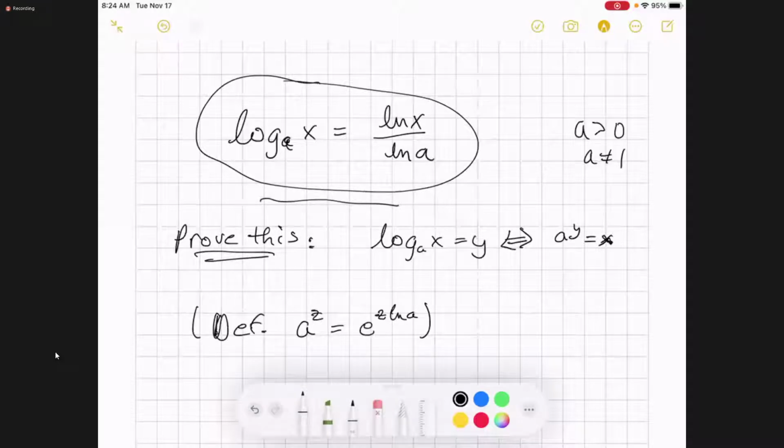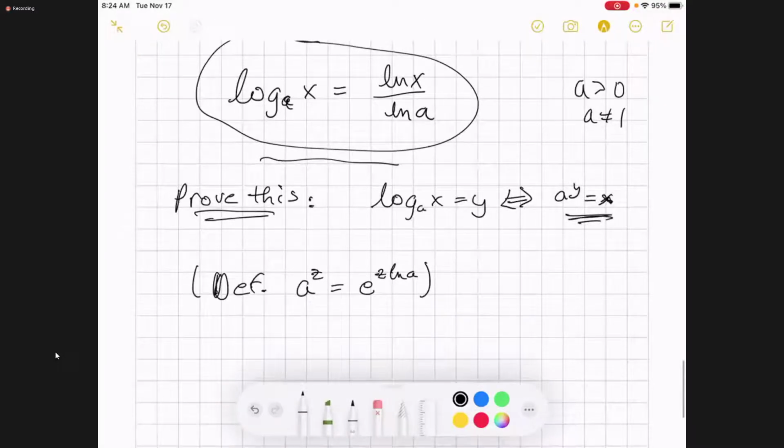Applying that definition to a to the y equal to x, a to the y is equal to e to the y ln of a.